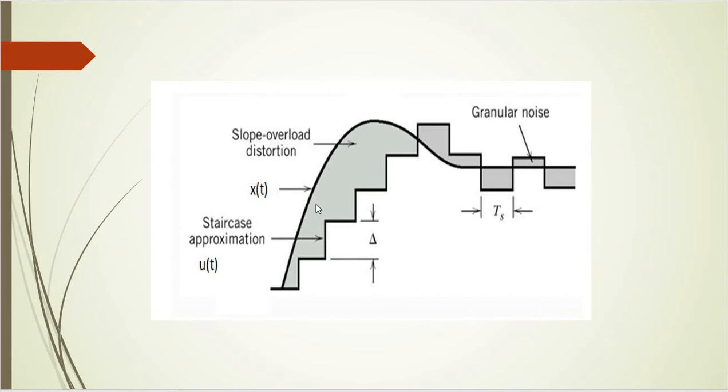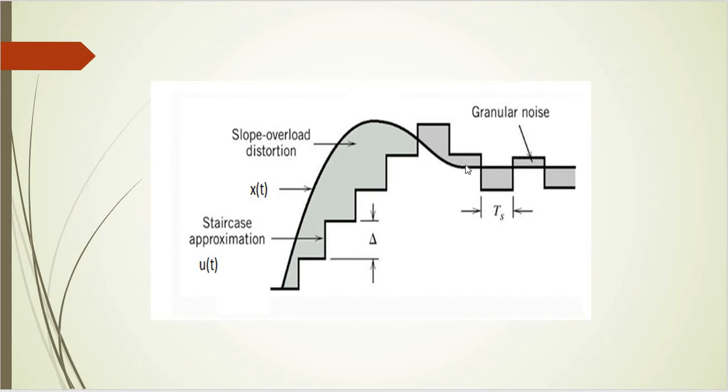A solution for these errors in delta modulation is to design a practical modulator where the modulator itself is able to change the step size with respect to the input signal amplitude. That means if the signal amplitude is increasing at a very fast rate, the step size delta should increase so as to follow the input variations.